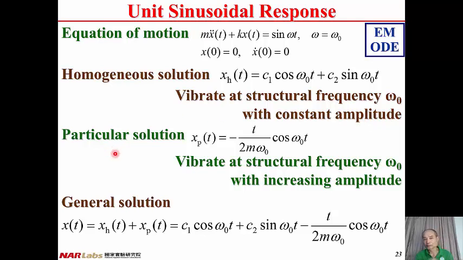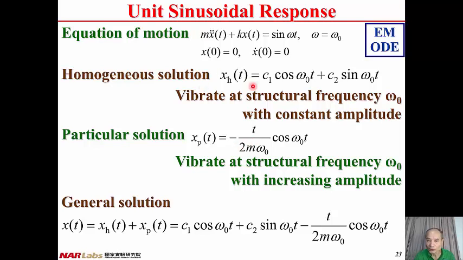Then we move to the particular solution, xp equal to minus t divided by 2m omega 0 cosine omega 0t. For this part of the displacement, it also vibrates at the structural frequency omega 0. But let us observe the amplitude here. The amplitude increases with time. That means that when t tends to infinity, the amplitude of the displacement also tends to infinity.